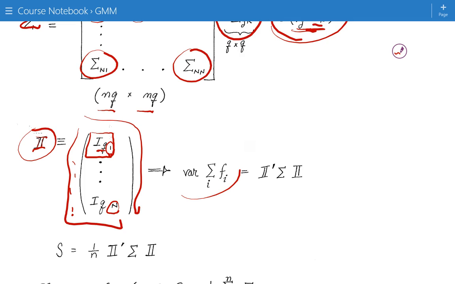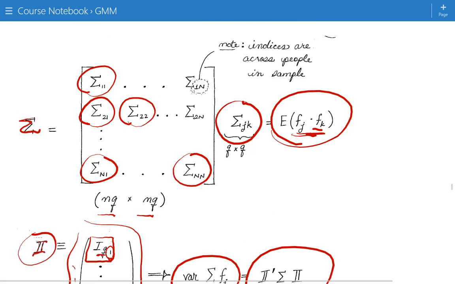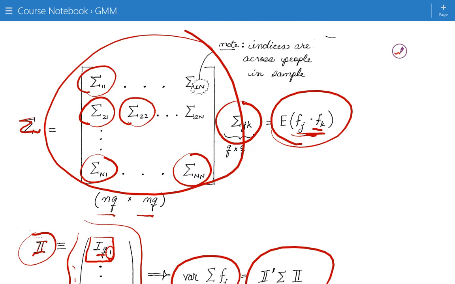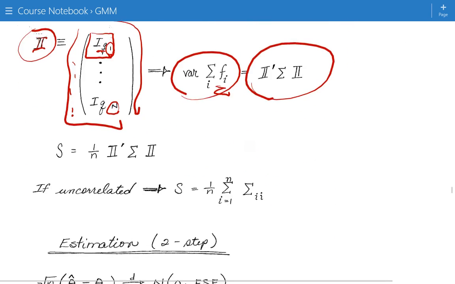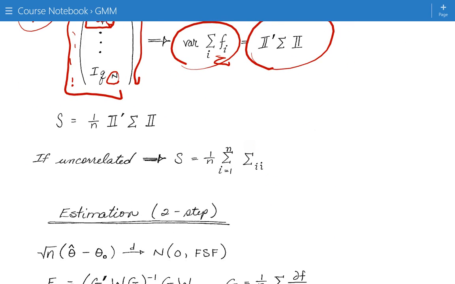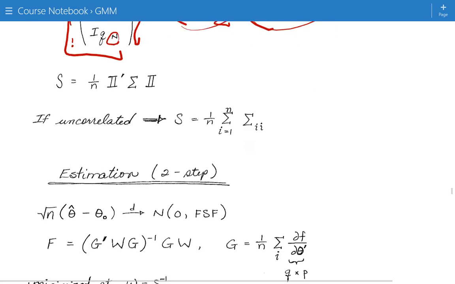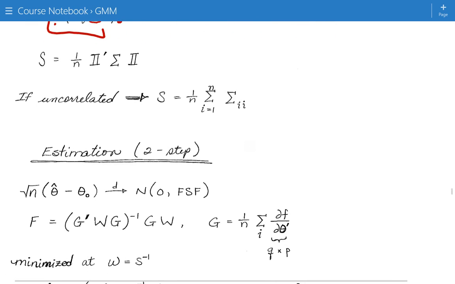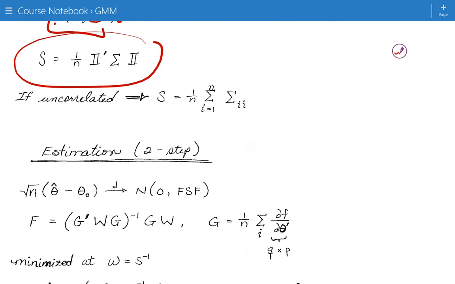Then essentially the variance of the sum of the f_i is equal to I transpose sigma I. This is just a way to sum up all of the variances and covariances in that matrix of variances and covariances. So S is equal to 1 over n times this particular matrix.